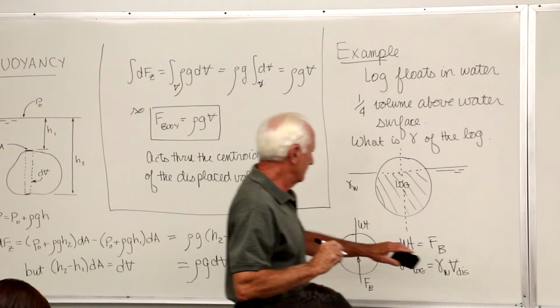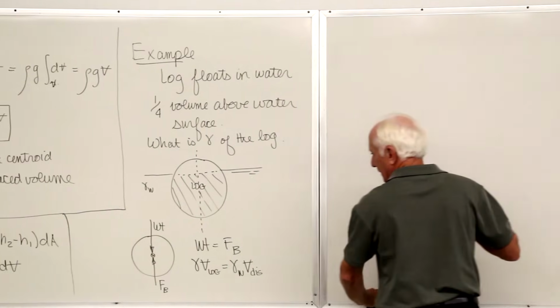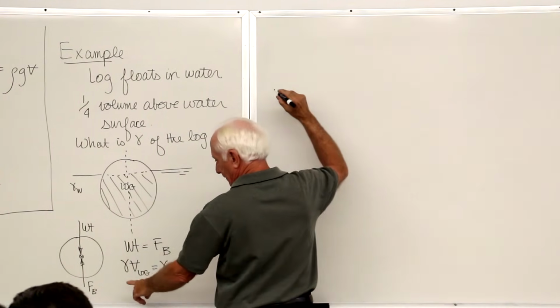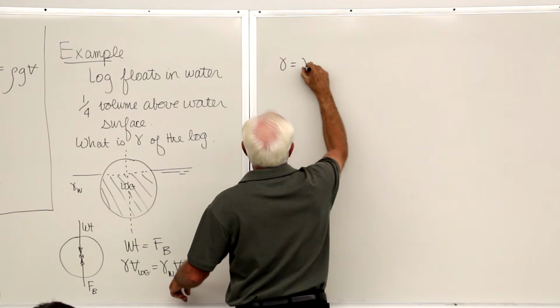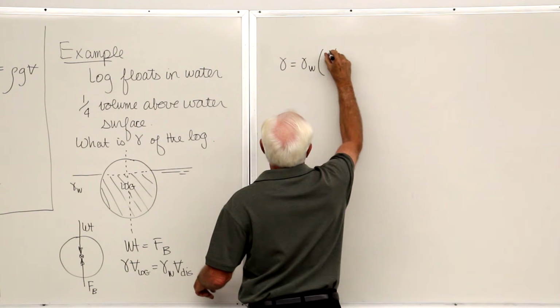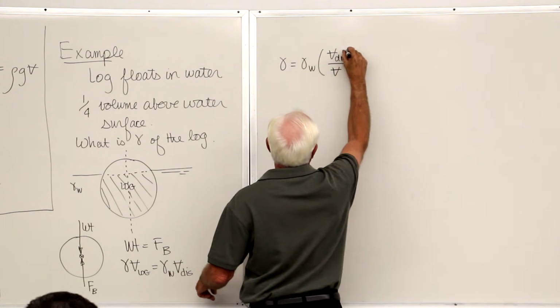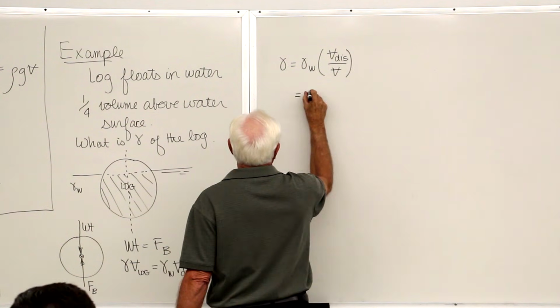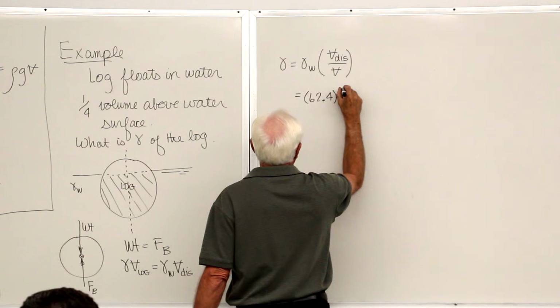Okay? We want to find gamma. Gamma equals gamma water times the ratio of volume displaced over the volume of the log. Gamma water is 62.4 pounds per cubic foot.